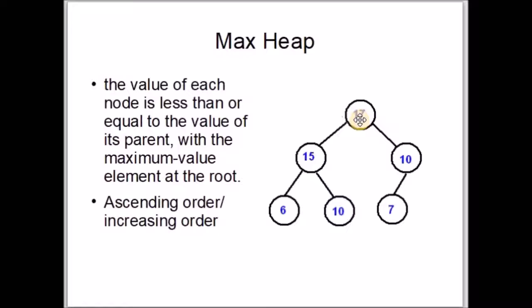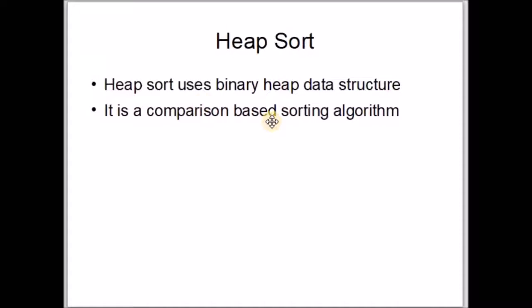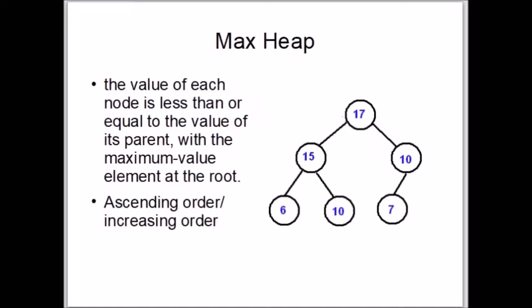Now max heap is used to sort a given array in ascending order. And that's why I said, when you use max heap to do a heap sort, it is a comparison based sorting order, the same as selection sort, where once the first iteration of max heap is done, you take the first element and swap it with the last element, because we know that is our largest element in the given heap.